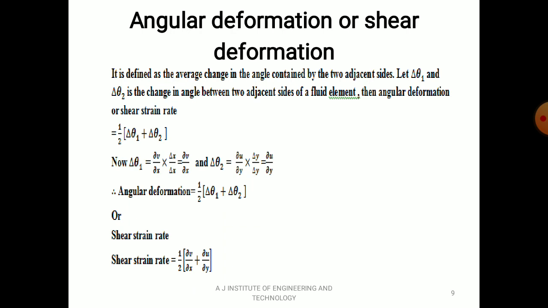Just remember, δθ1 is the angular change with respect to the x-axis, and δθ2 is the angular change with respect to the y-axis. So just remember this expression, angular deformation equal to 1/2 into (δθ1 + δθ2), or that is called the shear strain rate. This relation is very important for solving problems. For time's sake, just remember this expression as shear strain rate equal to 1/2 into (∂v/∂x + ∂u/∂y).